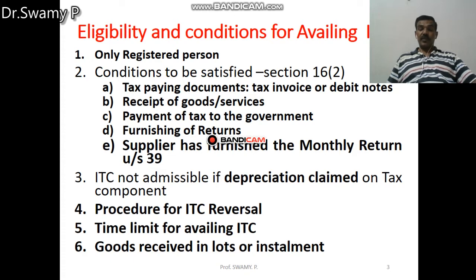Keep these two dates in mind. The first one, 25th April 2020, is the date of sending the invoice and receiving the amount on the same date. And 25th May 2020 is the date on which the recipient files the return.